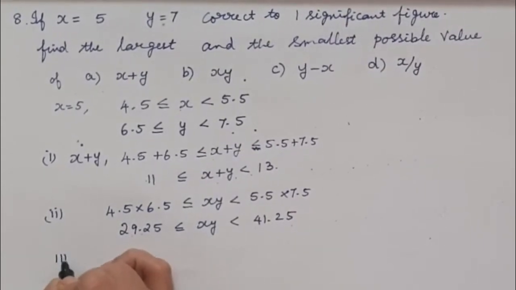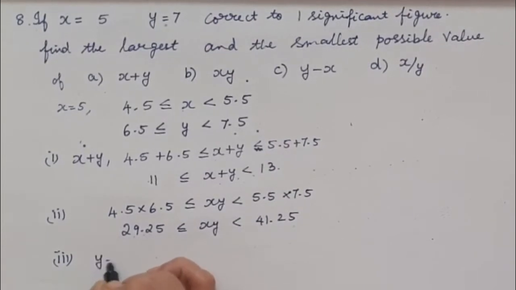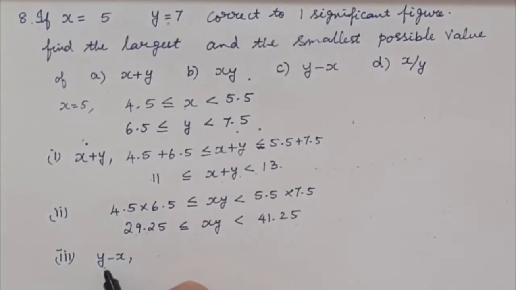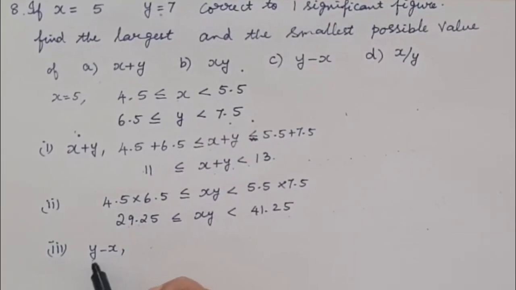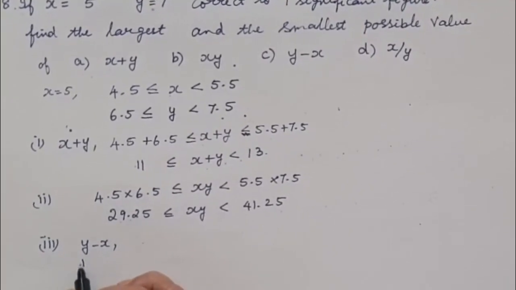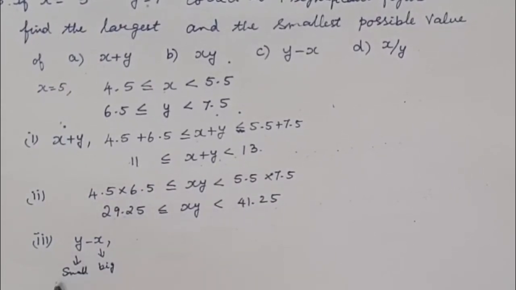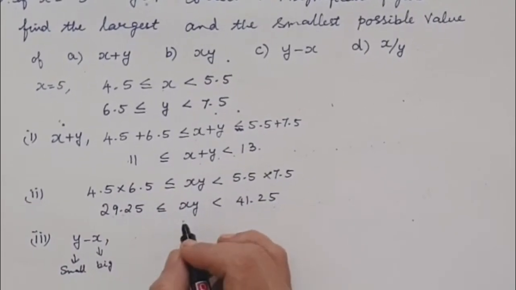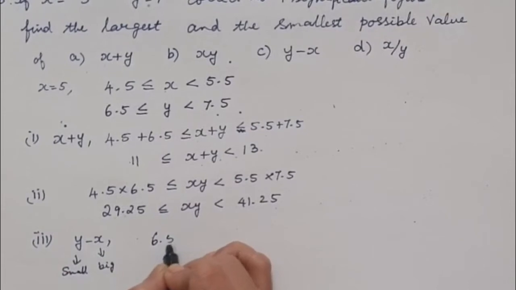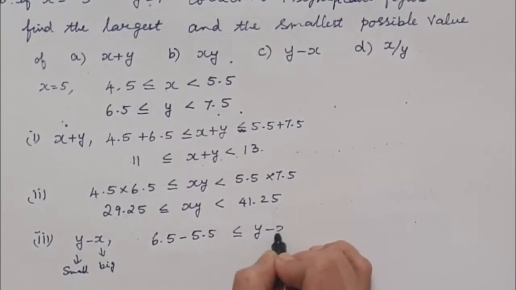Now our third part, that is y minus x. When you are doing subtraction and division, we need to be careful. When you need to find the lower value, here our y has to be a small value and then our x has to be a bigger value. Then only we'll get a smaller value. So that is why we'll be using 6.5 minus 5.5 is less than or equal to y minus x.